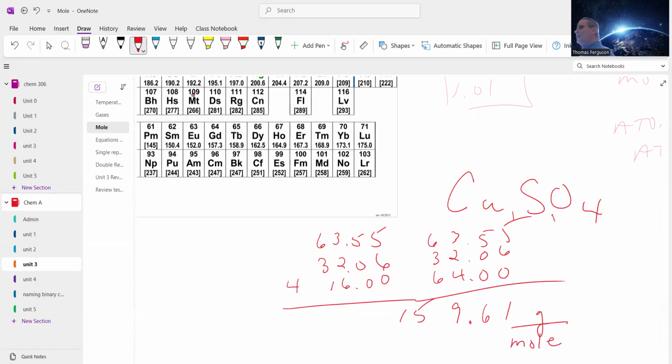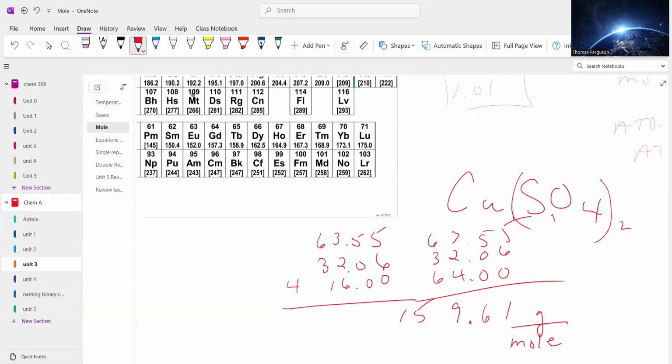The molar mass for copper sulfate is 159.61 grams per mole. Now, it depends on what state the copper is in. It could be that version of copper sulfate.